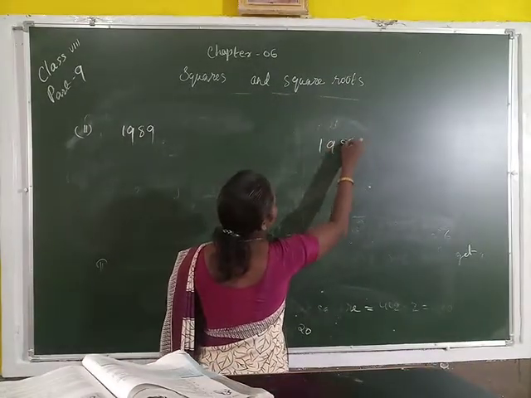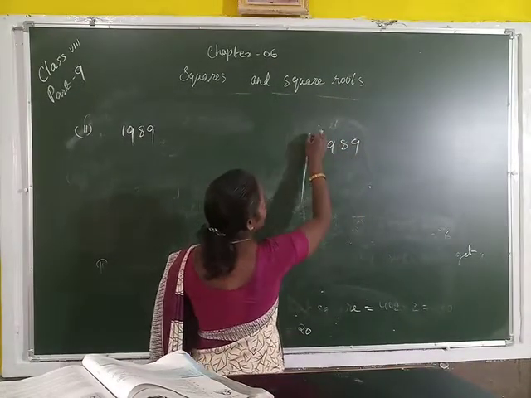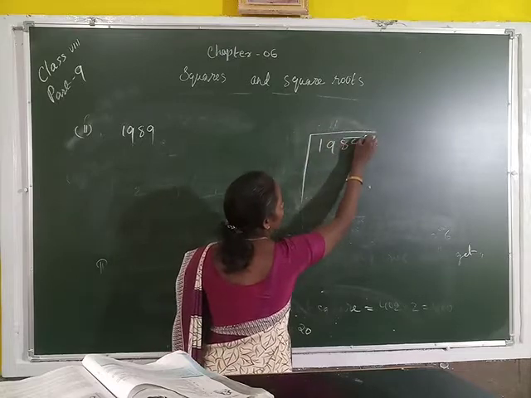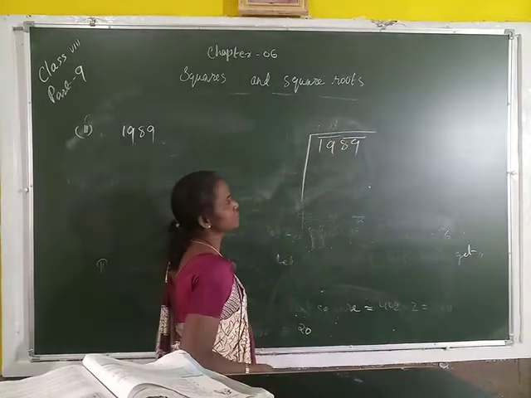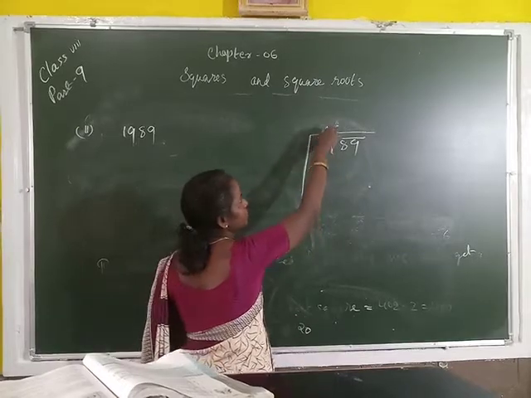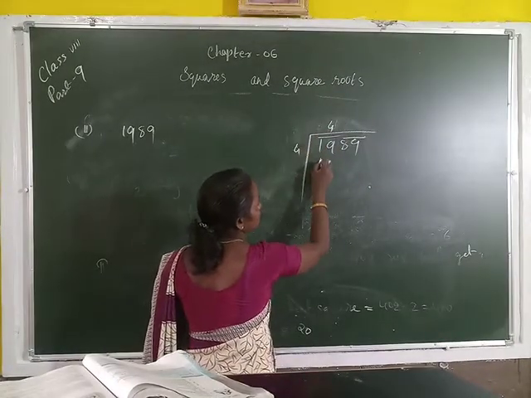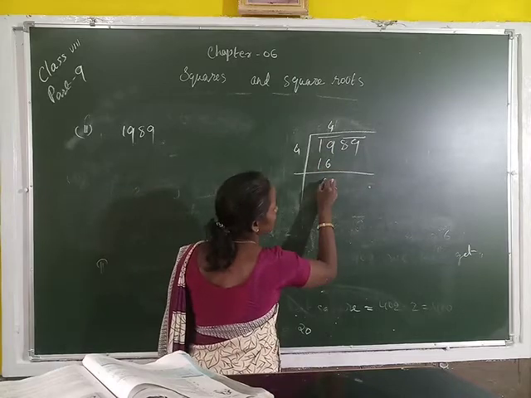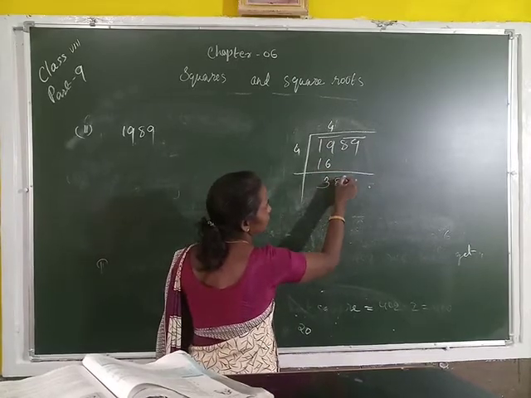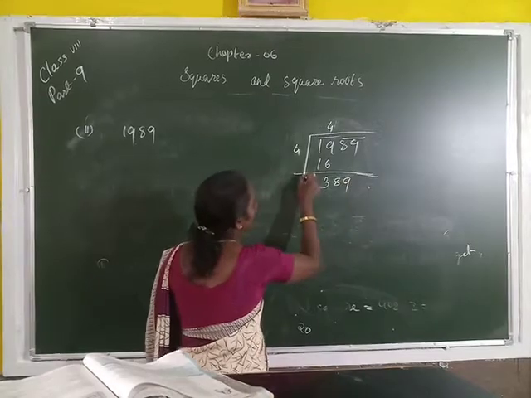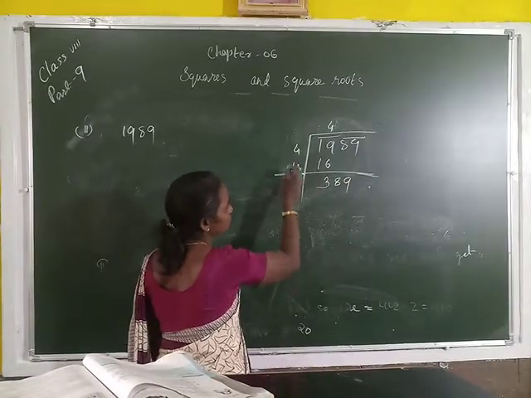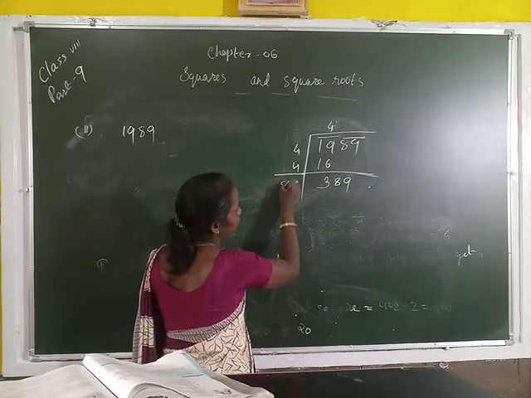Then 89. Then which is the nearest square number of 19? It is 4. 4 4s are 16. Then 3 8 9. Then 4 plus 4 is 8.